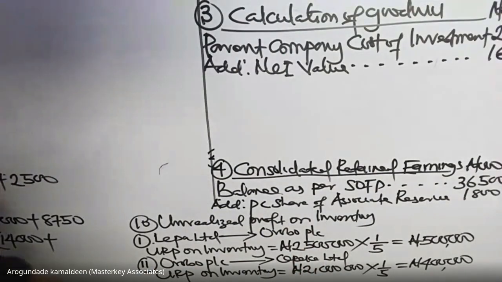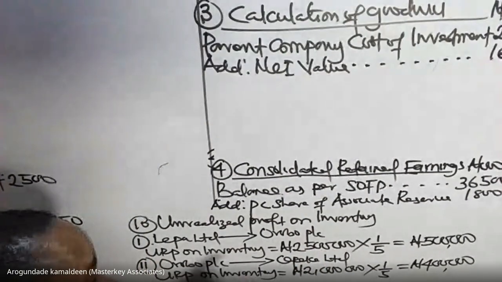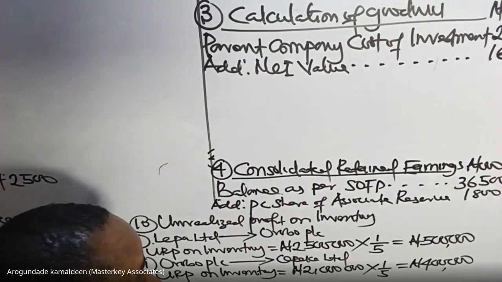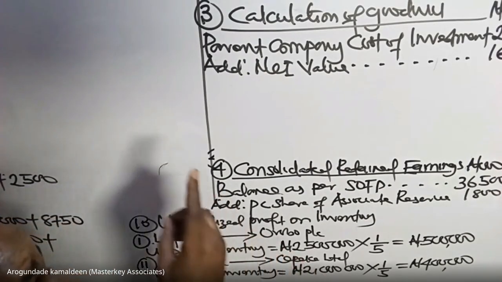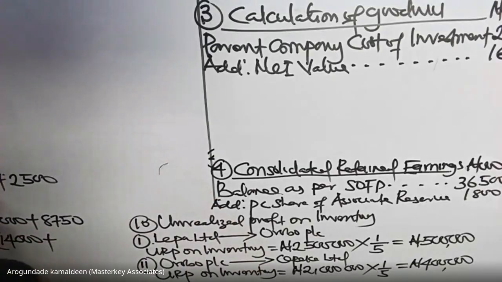Now, remember, this is URP between the parent and associate. So whatever is going to affect the parent will just be based on the percentage.